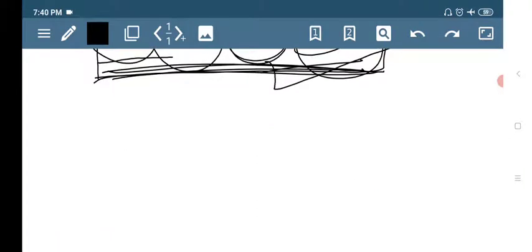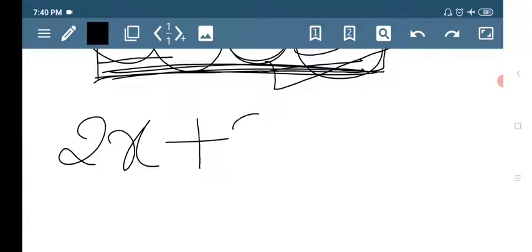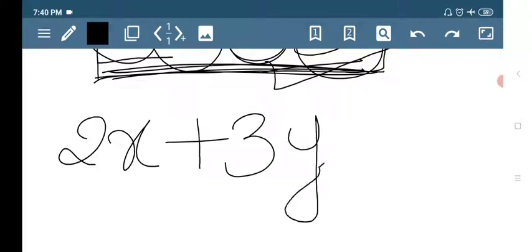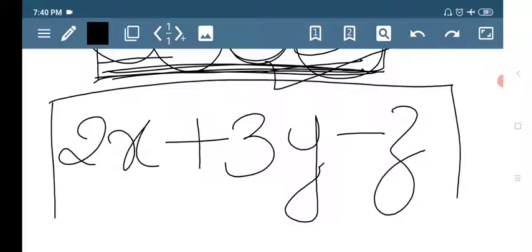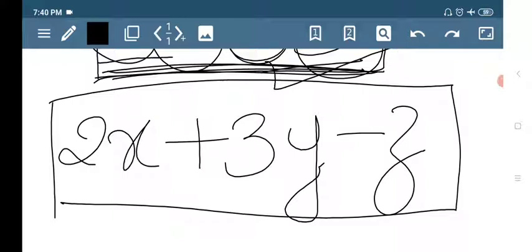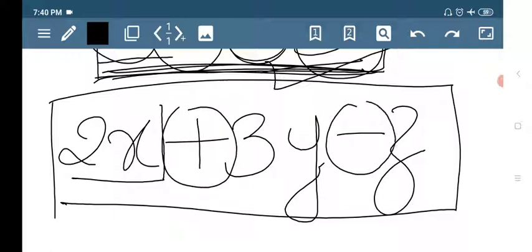Now, if you see 2x plus 3y minus z, it is also an algebraic expression. Okay? So, what do we have here? Here the terms are separated by plus and minus.